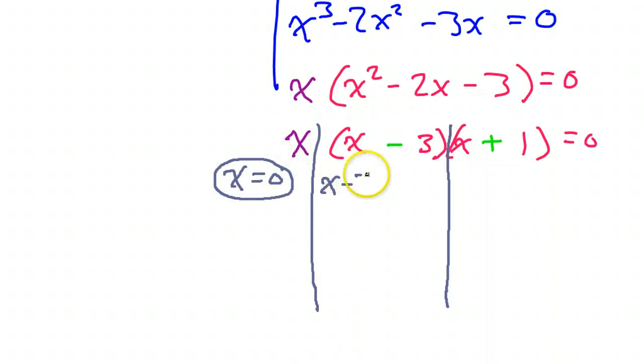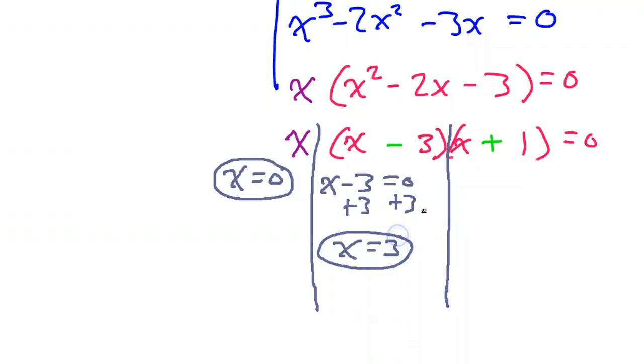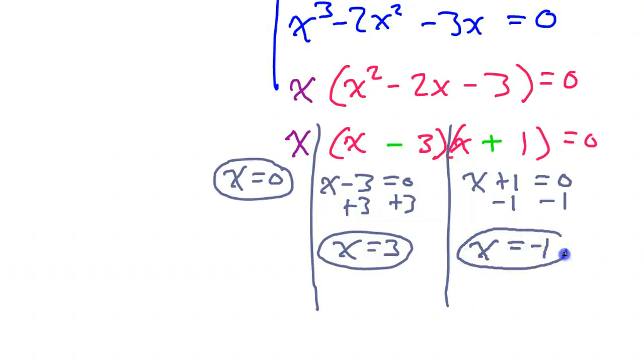If I do x minus 3 equals 0, I'm going to wind up adding 3 to both sides. So that gives me x equals 3. It's a second x value. And over here, if I set x plus 1 equals 0, I will subtract 1. So I get x equals negative 1. So I have negative 1, 0, and 3.